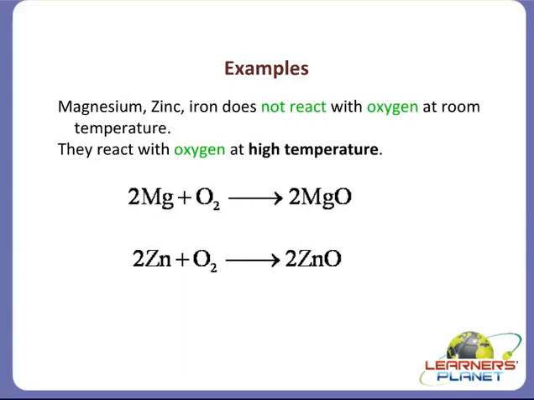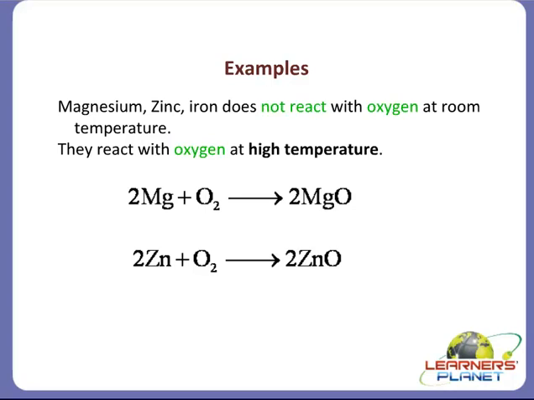Let's take a few more examples. Magnesium, zinc, iron do not react with oxygen at room temperature. They react with oxygen at high temperatures. That is, like your sodium and potassium, which react with oxygen even at room temperature, whereas your magnesium and iron react with oxygen only at very high temperatures.